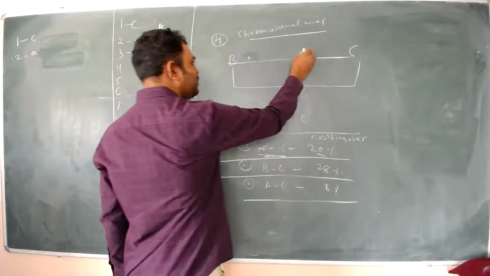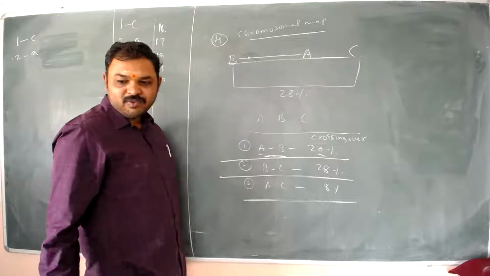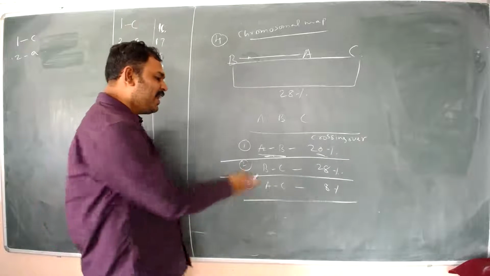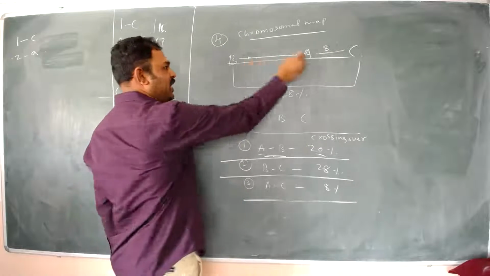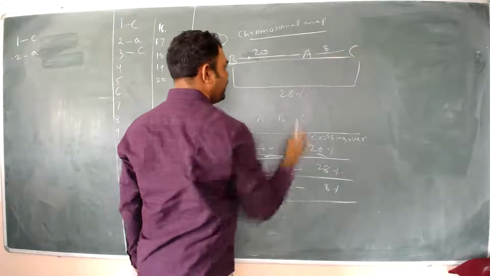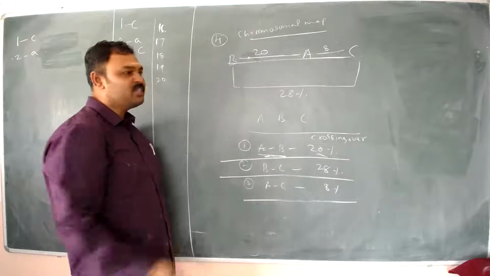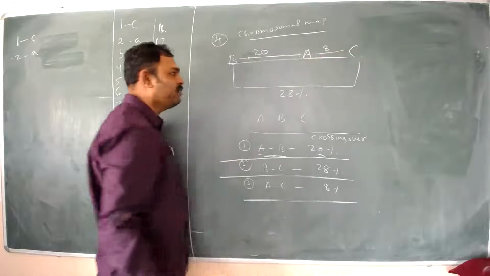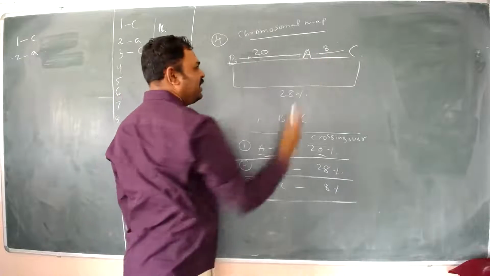And what is the least distance? A and C, 8. 20 plus 8 is a total of 28. You see, first one, B and C, 28. We have taken. Second one, B and A, 20. But A and C, 8.